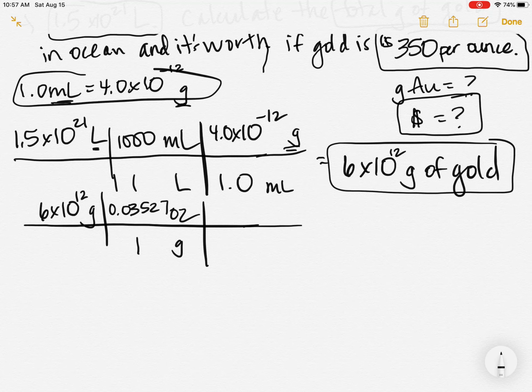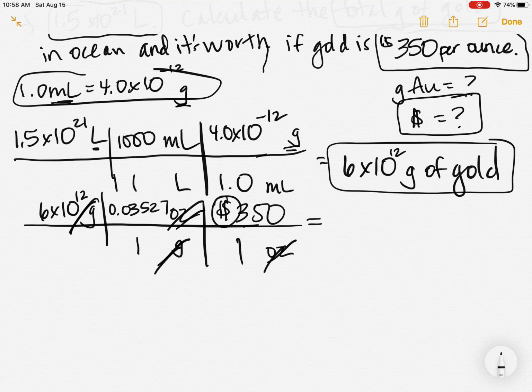And then for the first time, we've never done this before, I'm going to use the fact that 1 ounce of gold is equal to $350. Right? We've never used money in the conversion, but we're going to today.